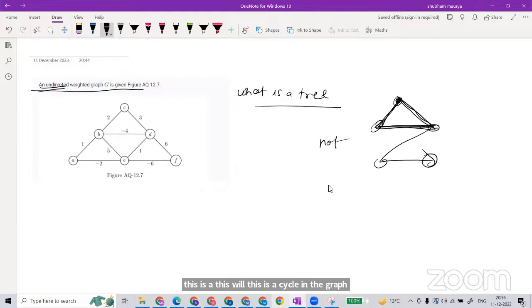Another property of a tree is a relation on the number of edges.